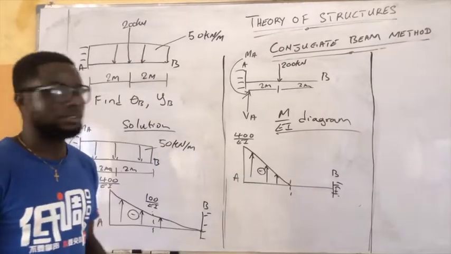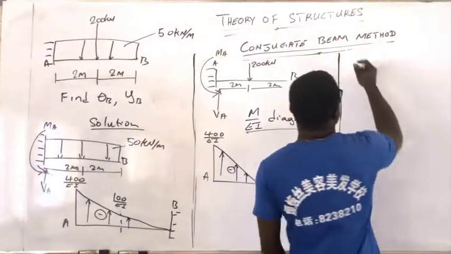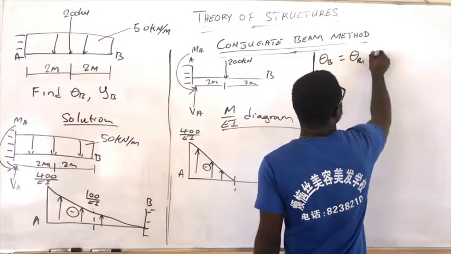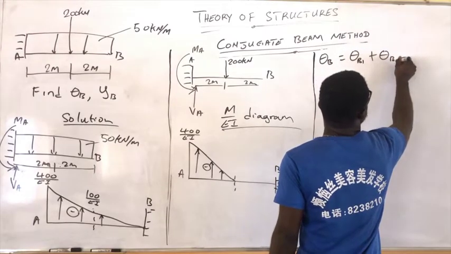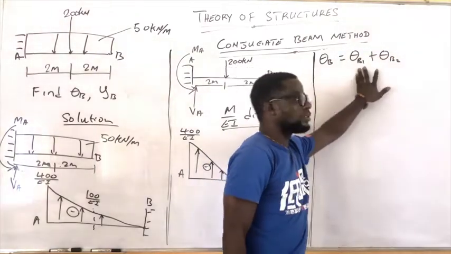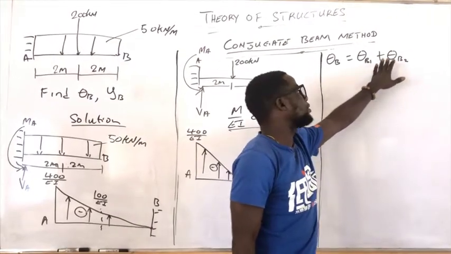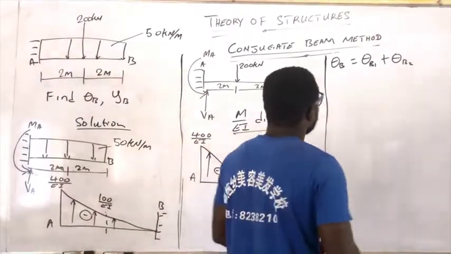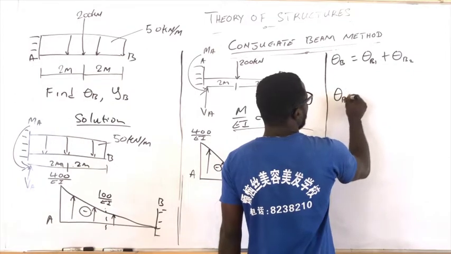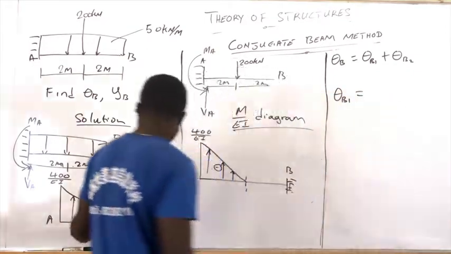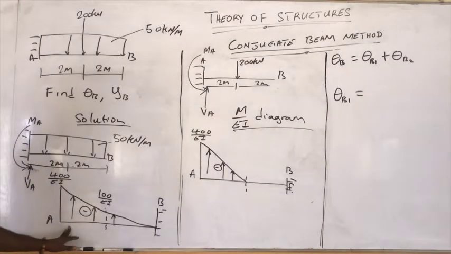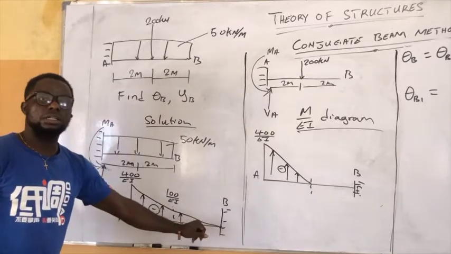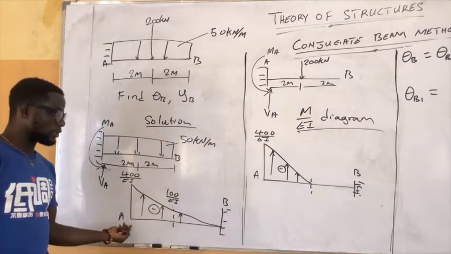And the rotations are the shear force at that point. So theta B is equal to theta B1 plus theta B2. The rotation at the first diagram plus the rotation at the second diagram will give you the actual rotation at B. So rotation B1 will be the area of this shape, because this goes down to point B. There is no reaction at this point.